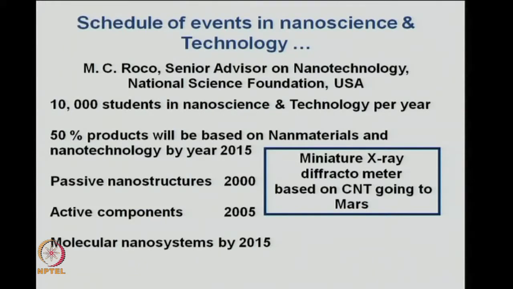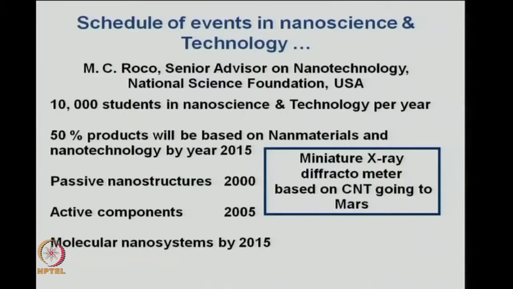And many devices are already being manufactured, like passive nanostructures and active components, and even small components. Miniature X-ray diffractometers have already been made based on carbon nanotubes, which are on a space mission to Mars. And there will be several molecular machines by the year 2015. This has been predicted by the senior advisor on nanotechnology of the National Science Foundation.